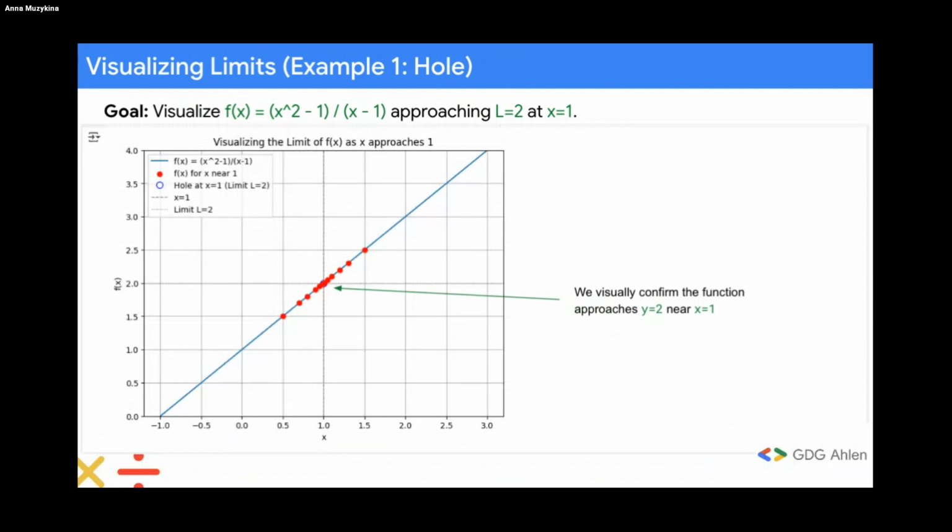So this shows the hole at 1, 2, and highlights points approaching the limit. We visually confirm the function approaches y equals 2 near x equals 1.